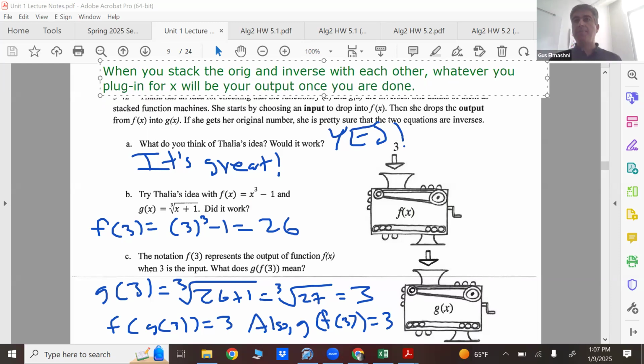So if I plug in 3, I expect 3 to be coming out. If I plug in 4, I expect 4 to come out. If I plug in 5 or 6, whatever, it doesn't matter. It should always just come out the same way.